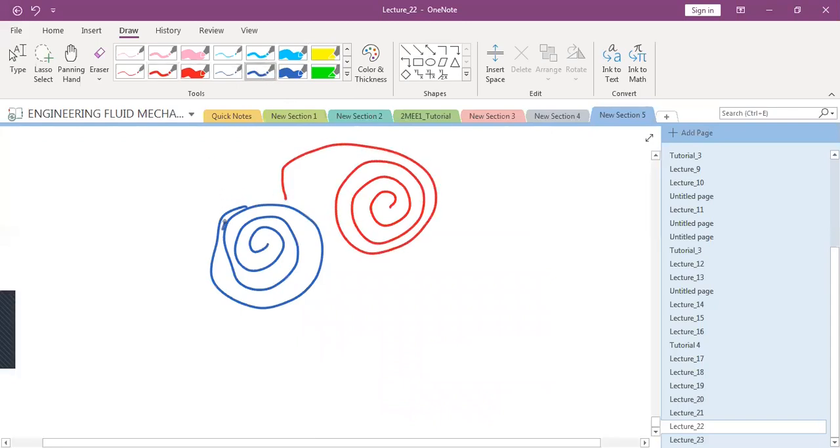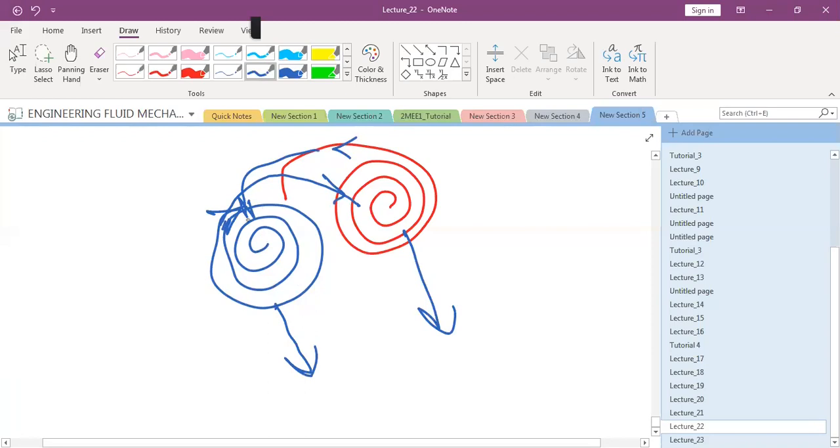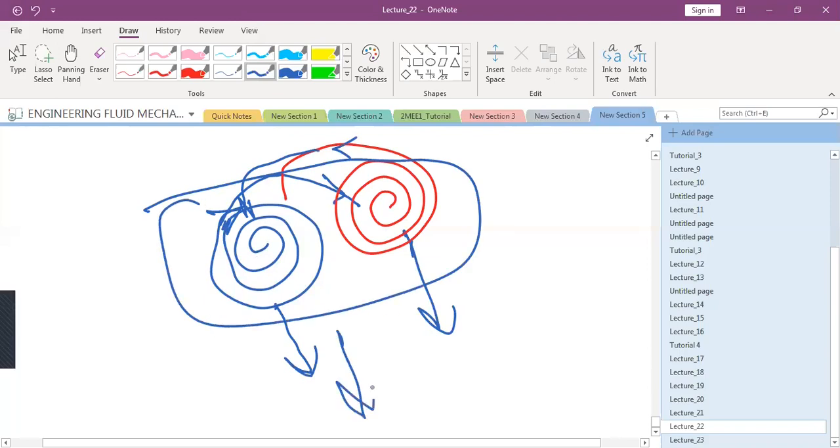So please be careful now. What is happening is the shed vortex will move the red vortex in downward direction. This was in anti-clockwise direction. This was in clockwise direction. So this red vortex will move the blue vortex down and blue vortex will move the red vortex down. So both the vortices will be convected in this direction.